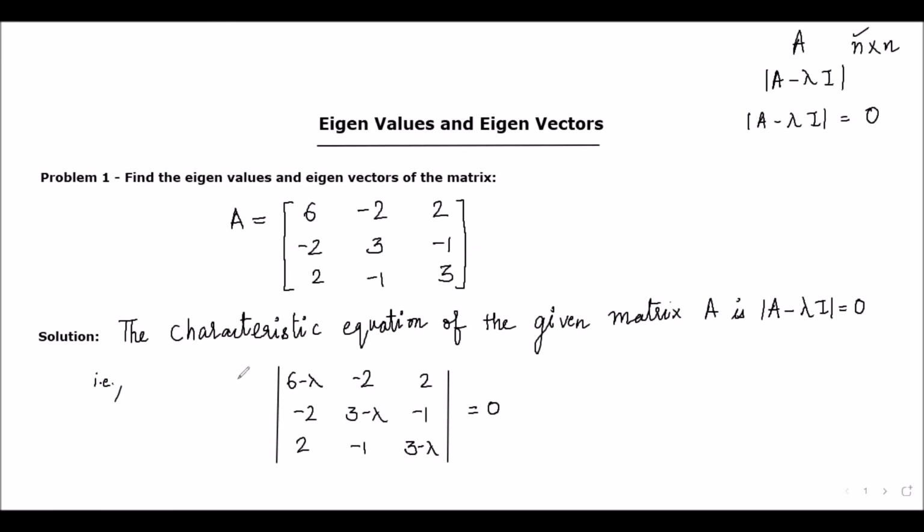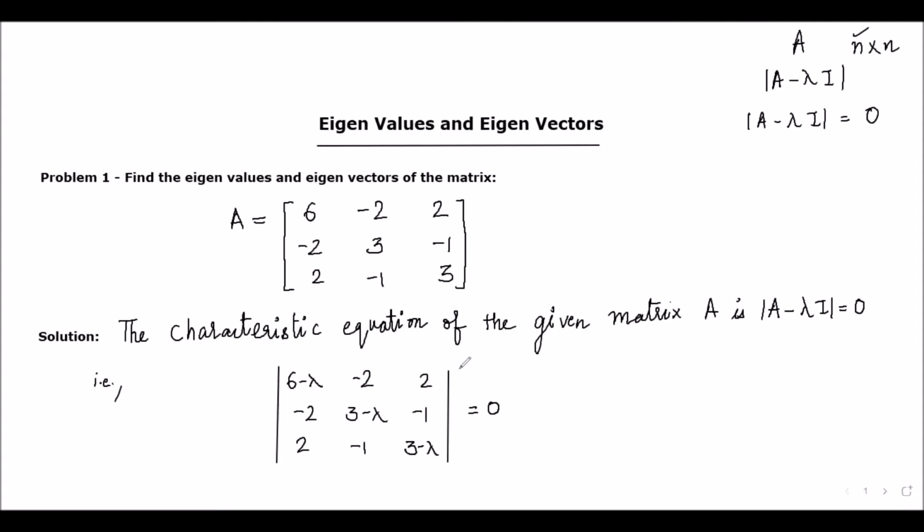So let's start. The characteristic equation of this given matrix A is this one: the determinant of A minus lambda I is equal to 0. Here we are considering the determinant of A minus lambda I, and we are equating this determinant to 0.